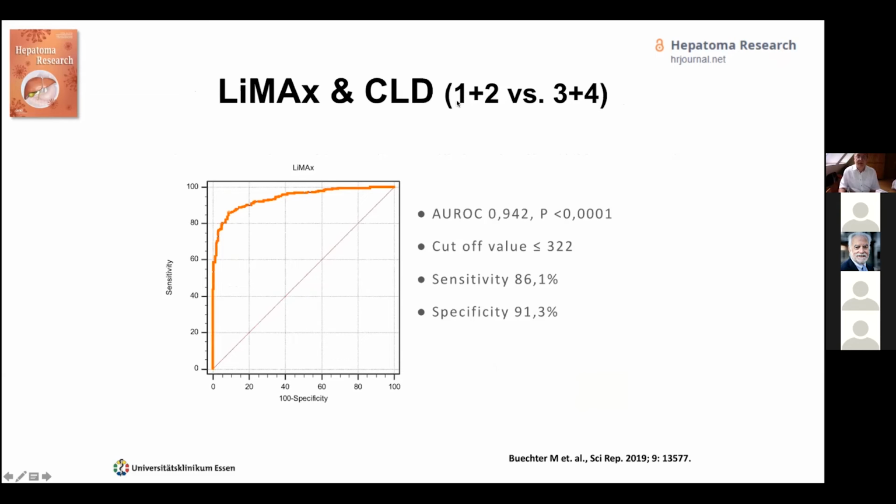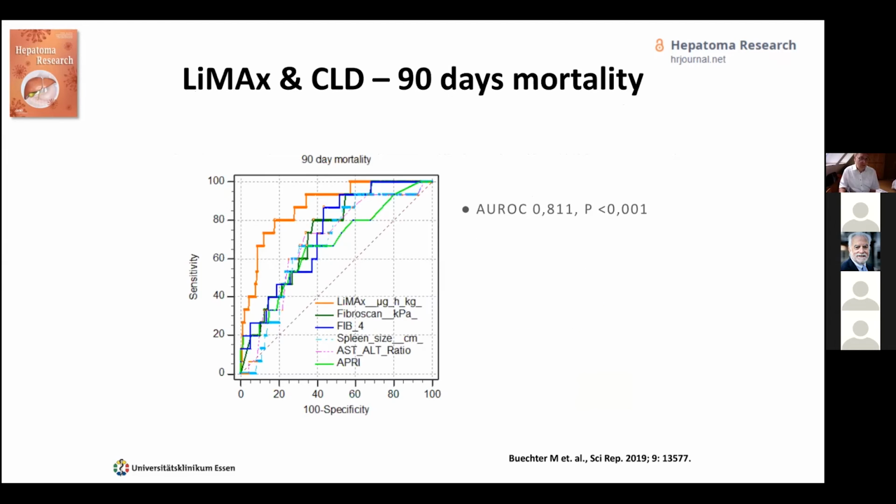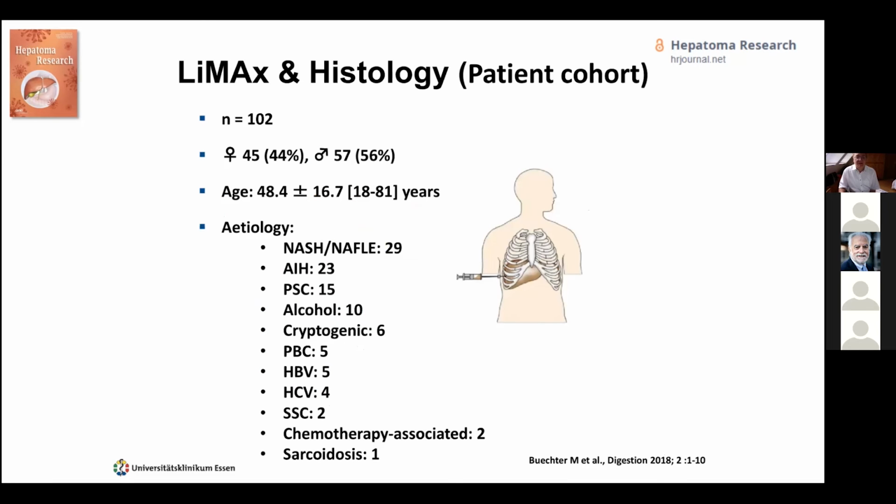So stage 1 and 2 diseases are very well discriminated from 3 and 4. That means we can discriminate patients with mild disease from patients with severe disease, with high sensitivity and high specificity. And we can also discriminate using the 90-day mortality rate. And so LiMAx was always the best marker to predict liver function at all.